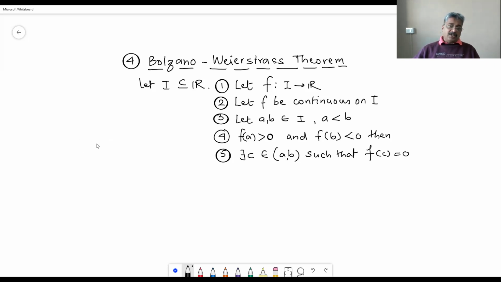The function cannot jump and become negative. If the function at a is positive, it has to cross the x-axis. Easy. Let us see how you put the proof in place. Intuitively, it is very clear. And with the results that we have already done in class, you should be able to write the proof. I wait for 4-5 minutes.